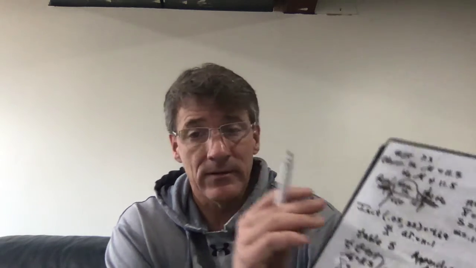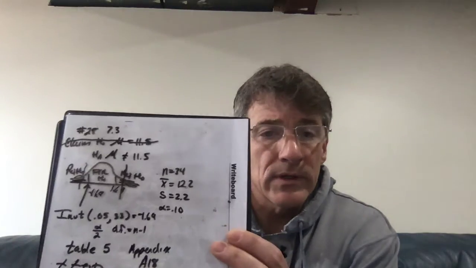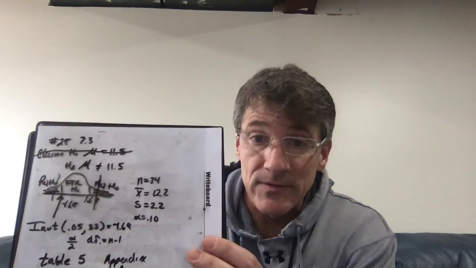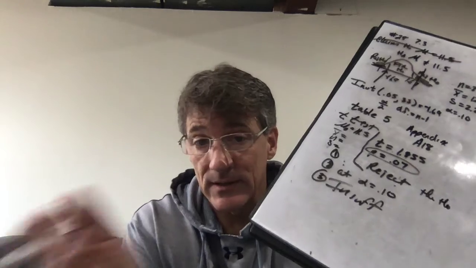Now, if we're rejecting the null, travel up to the null, and we are going to put a line through it. And the word claim ends up getting a line through it as well. And so there is insufficient evidence to support the claim, and then you restate the claim.